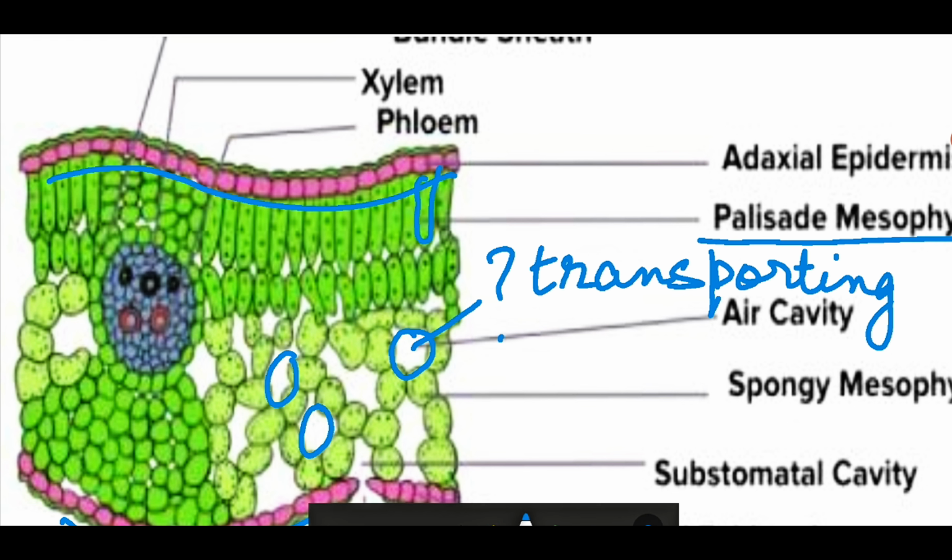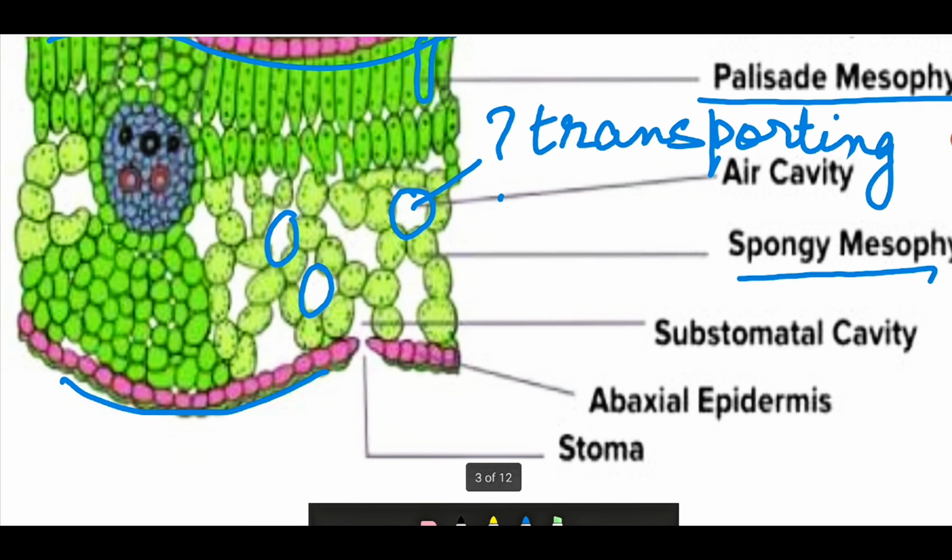Below that, you can see spongy mesophyll cells. Then below this you will find another layer, the lower epidermis, which has a small opening. You can see the small opening over here. This opening is called the stoma.